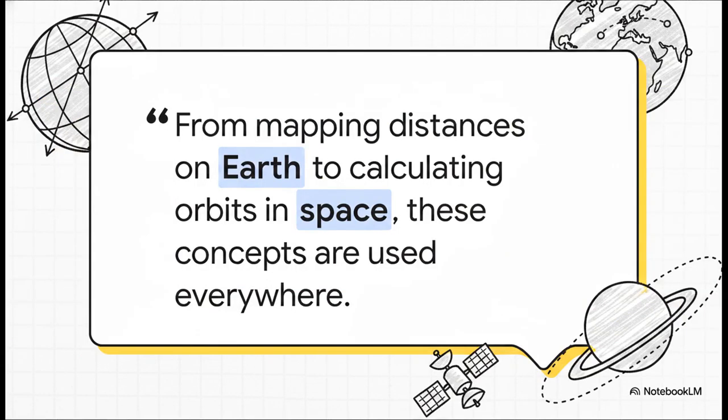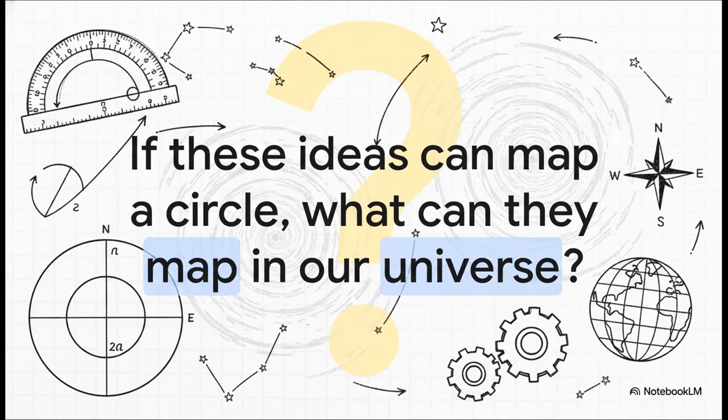Done. And this is just a fantastic example of how powerful this is, because this exact same logic, connecting an arc, a radius, and an angle, is exactly what we do to calculate the distance between New York and London on our curved planet, or to track a satellite whipping around in orbit. It's the same math, just on a much, much bigger scale. So, if there's one thing to take away, it's this.